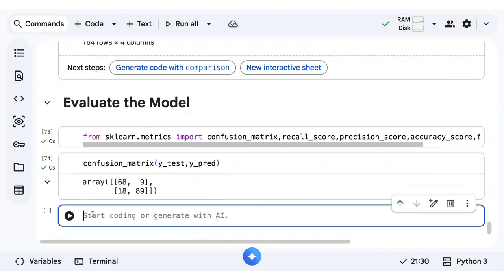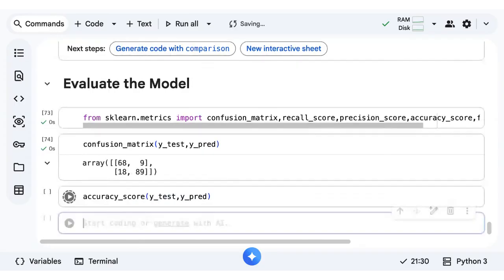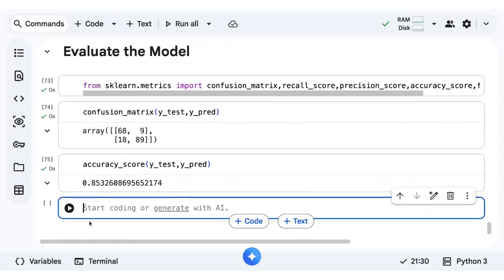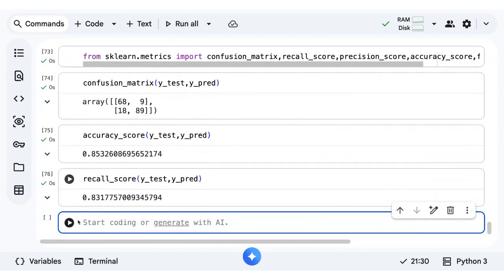So you got a confusion matrix. Accuracy score of y_test and y_pred, 85%, a better model. Recall score of y_test and y_pred, 83.